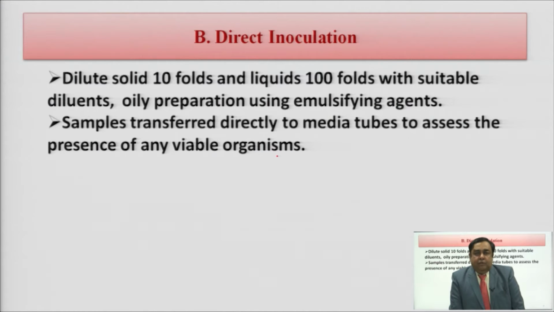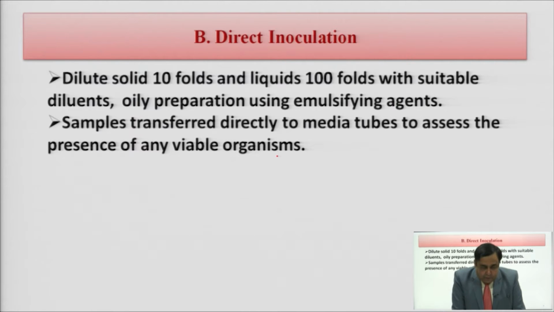In case of liquid, we can do it as such, just filter the liquid through the membrane filter, and then the membrane filter is cut into different segments. As I have shown you in the last video, if we are carrying out a set of three, one we can put in the thioglycolate media, the other in the alternate thioglycolate media, and the third in soybean casein digest broth.